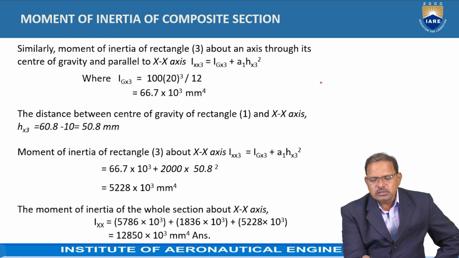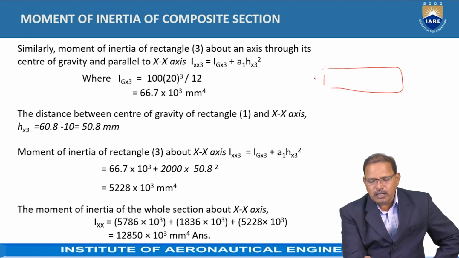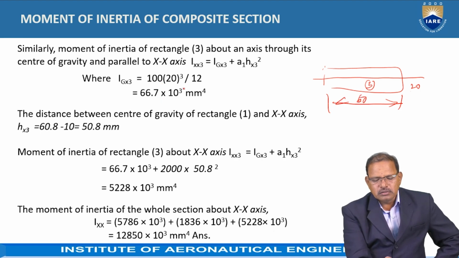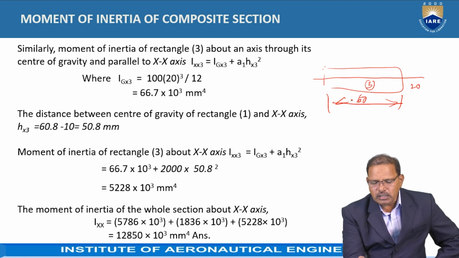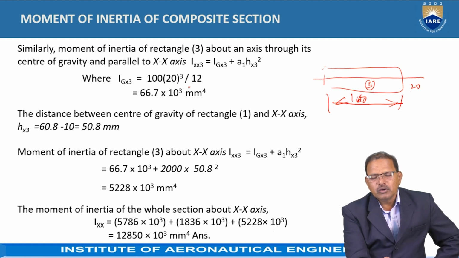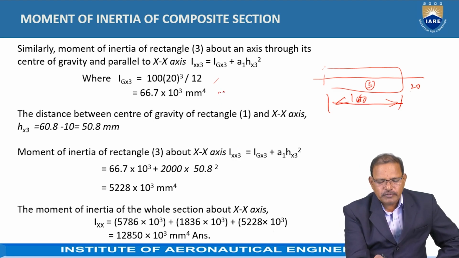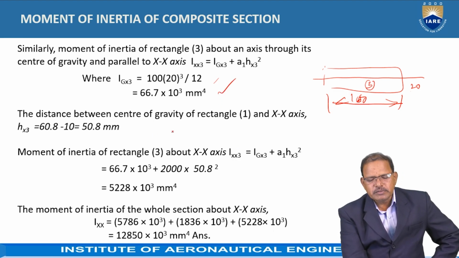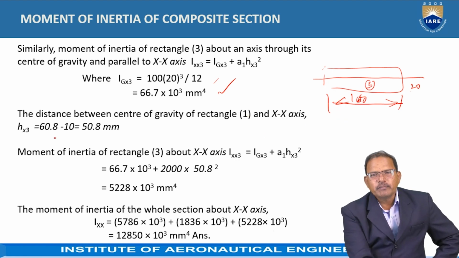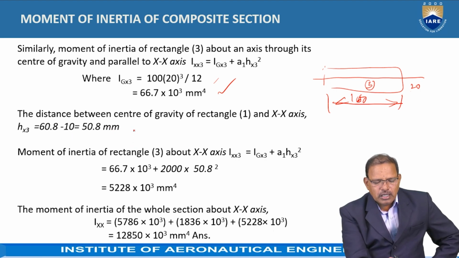Igx3 is equal to, since the rectangle is placed like this, the 20 mm is the dimension, it is given 100, so it is equal to 100 into 20 cube by 12, which is equal to 66.7 into 10 to the power 3 mm to the power 4. The distance between the central gravity of rectangle 3 and the x-axis is given by 60.8 minus 10, which is equal to 50.8 mm.